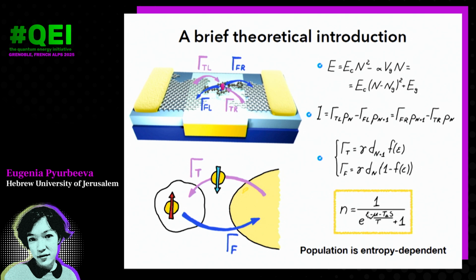So I'm going to give a very short introduction to the physics of my kind of nanodevices for those who aren't familiar with it, but I think most people would be. So a nanodevice in my language is a small island, quantum dot, molecule or whatever thing, sitting between 2 or more electron baths.